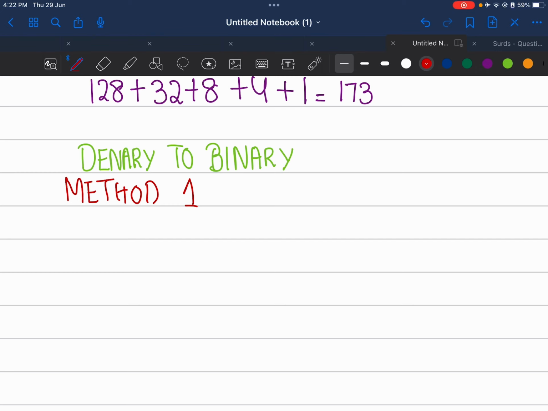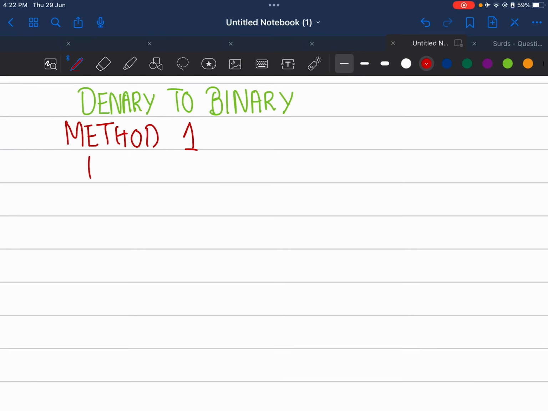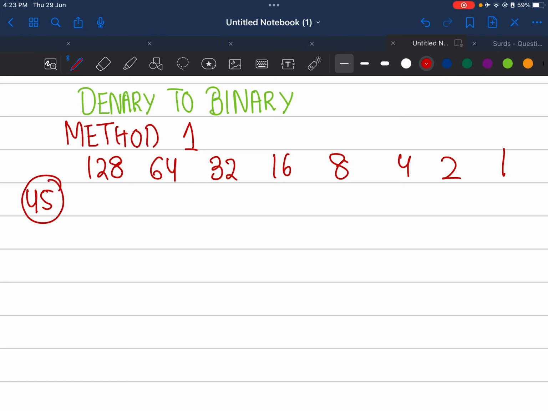The first method is that you again draw the place value table: 128, 64, 32, 16, 8, 4, 2, 1. Let's say the number I'm trying to convert is 45. This method does not work really well with large numbers since you have to draw a lot of place value columns.